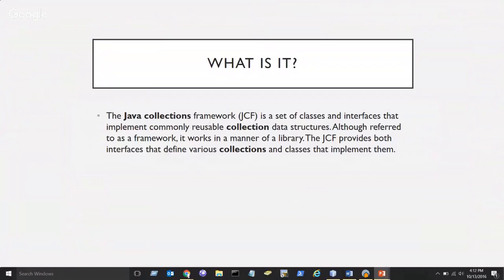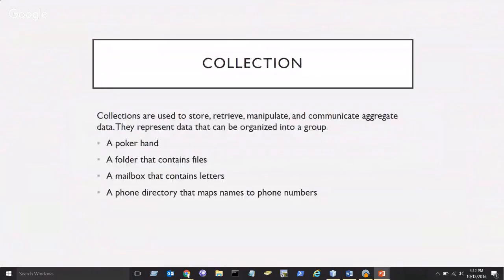They cover collections, and a collection is a group of objects that have a common type. Collections are used to store, retrieve, manipulate, and communicate aggregate data. So they represent data, and that data is then organized into a list, a set, a map, or a tree.